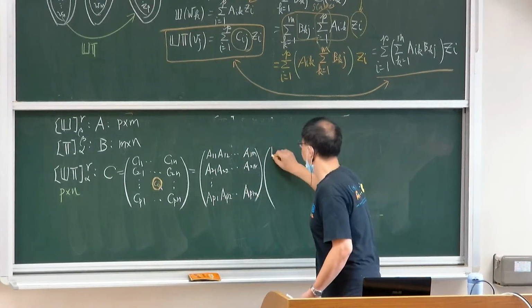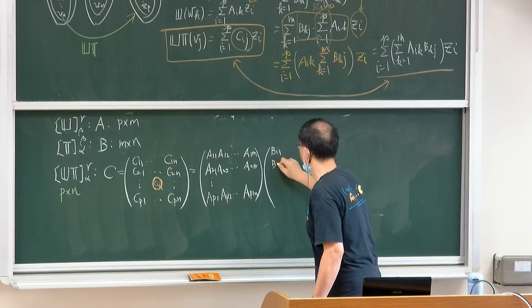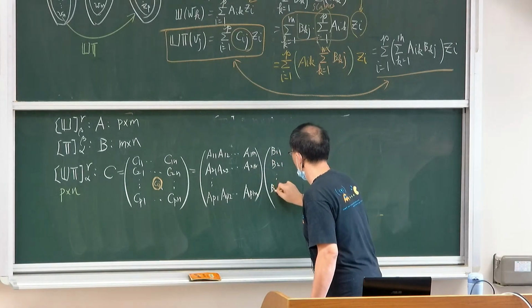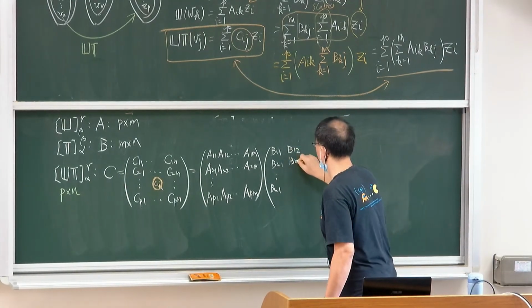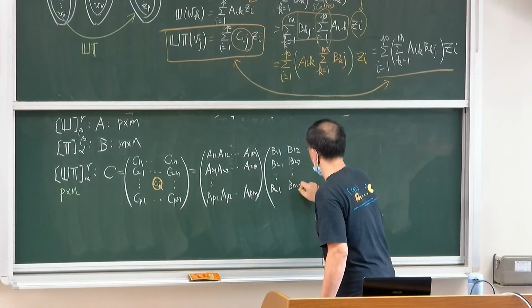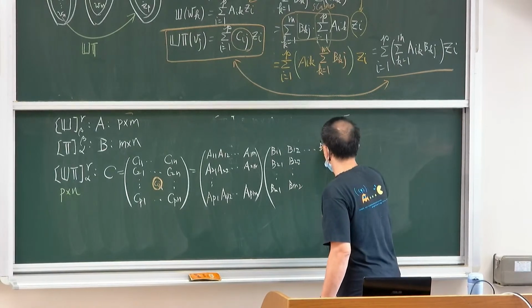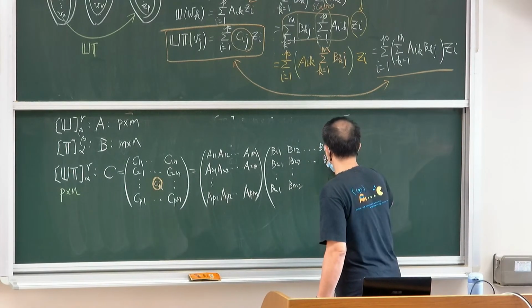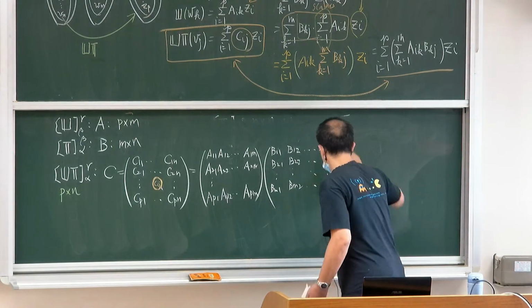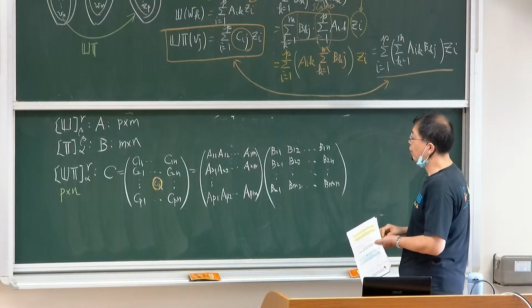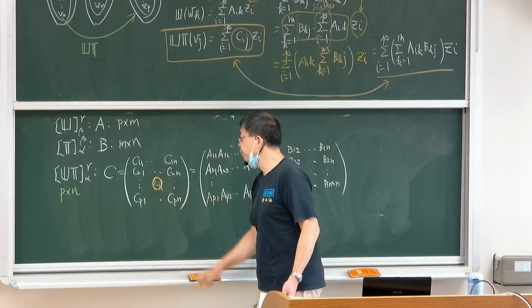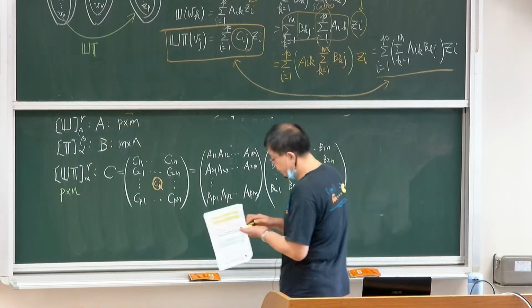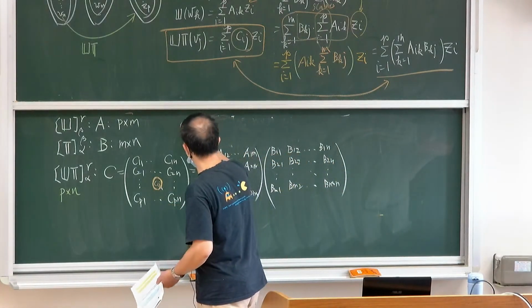Okay, and I have B11, B21 to BM1, and B12, B22 to BM2, etc., to B1n, B2n to BMN. I have this matrix multiplication.